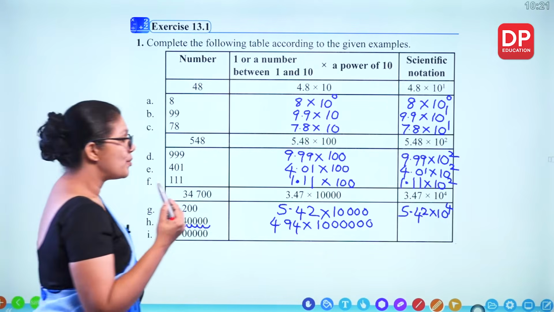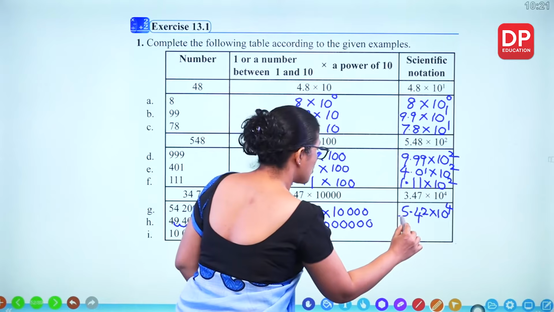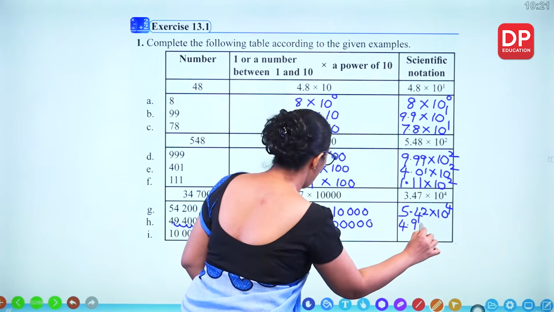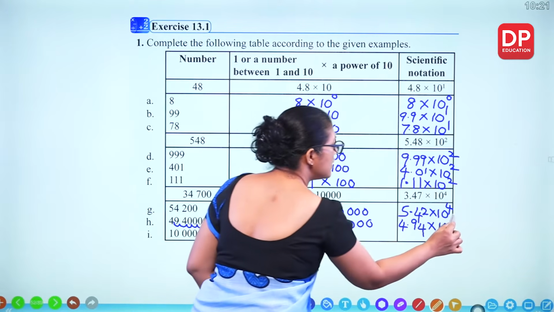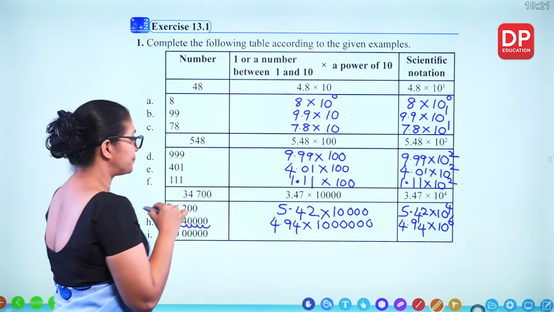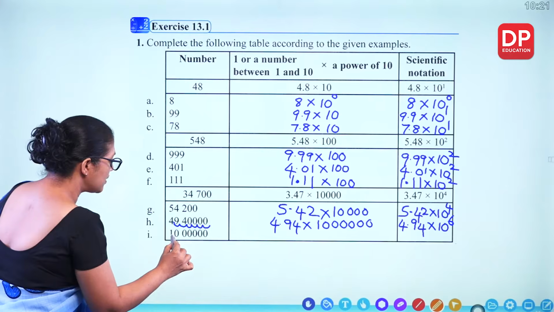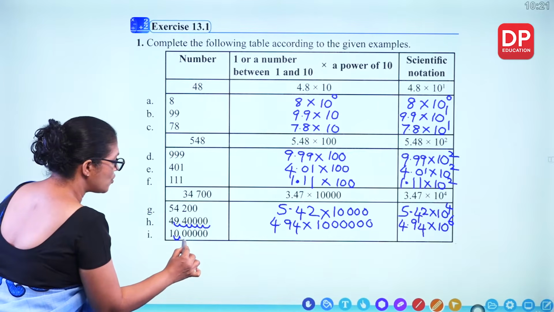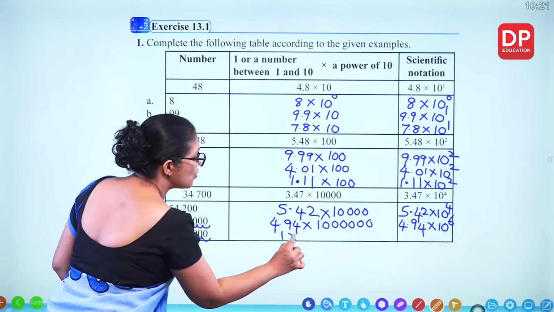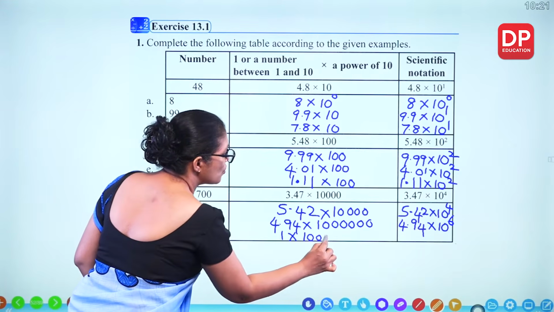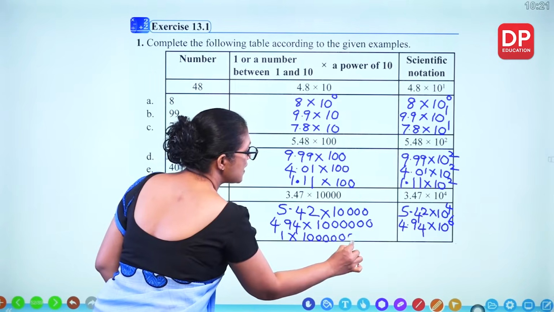Then how you write in scientific notation? 4.94, 10 to the power 6. This one, if you take 1, 2, 3, 4, 5, 6.